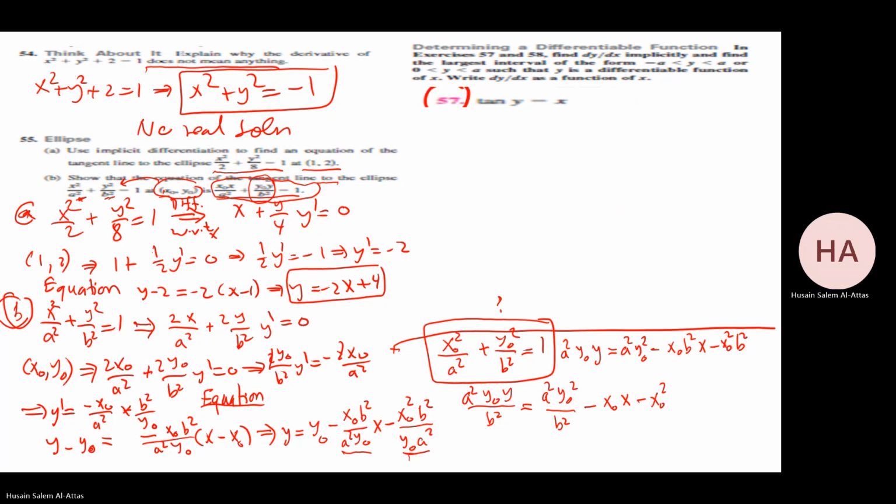Okay. Now if I divide by a squared, you get y0 y over b squared equals y0 squared over b squared minus x0 x over a squared minus x0 squared over a squared. There should be a minus sign somewhere. This should be plus.